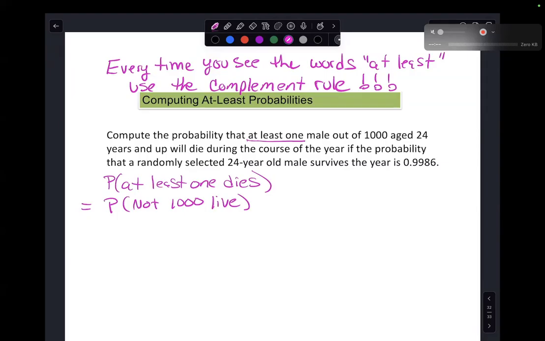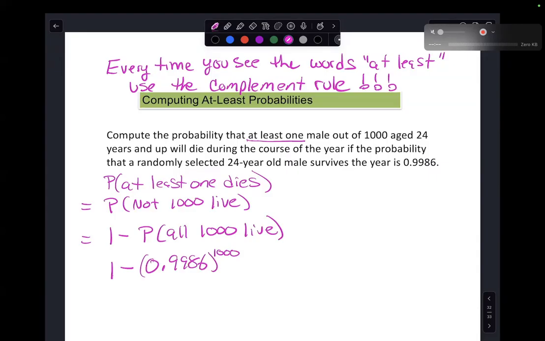So what it's going to look like is this: 1 minus the probability all 1,000 live. So it'll look like this: 0.9986, I'm going to put it in parentheses just because it looks better, to the 1,000th power.